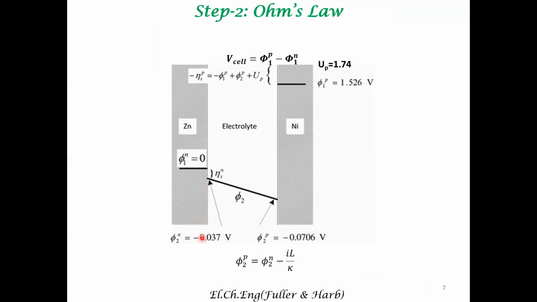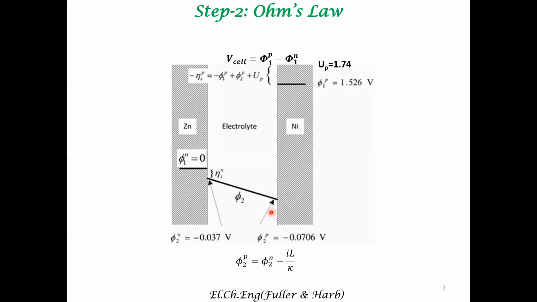Next, I know the electrolyte obeys Ohm's law, so there is a linear drop in potential. Having known the conductivity and the potential at this point, I can get to phi_2p. That is the potential on the electrolyte side near the positive electrode.